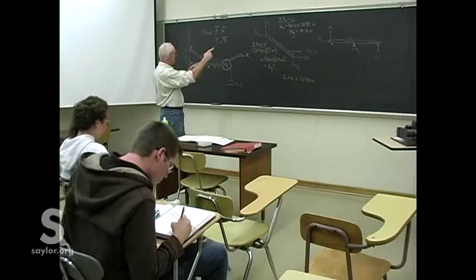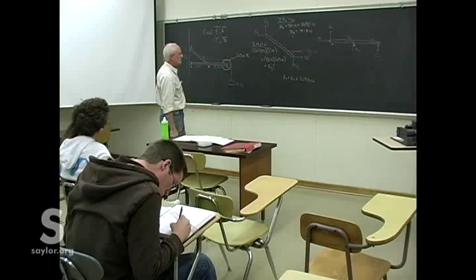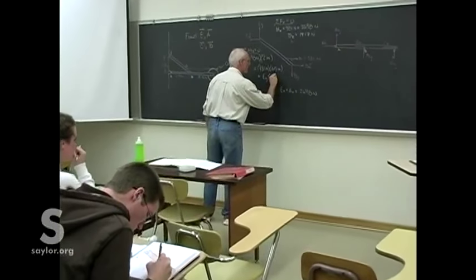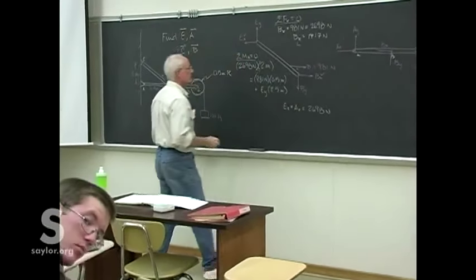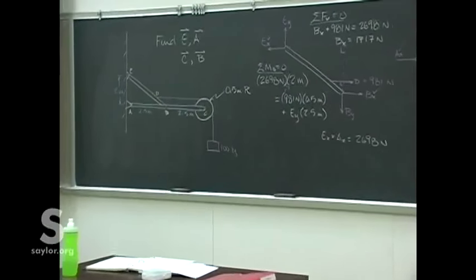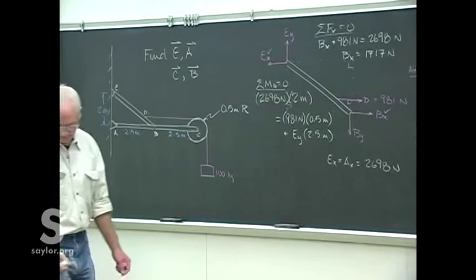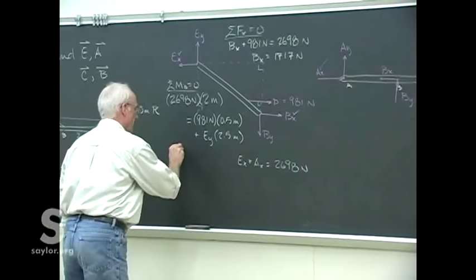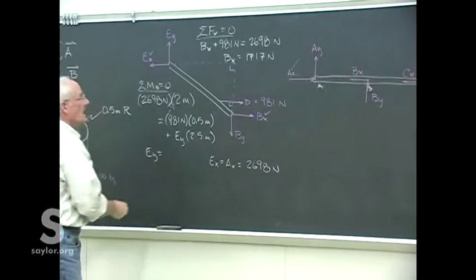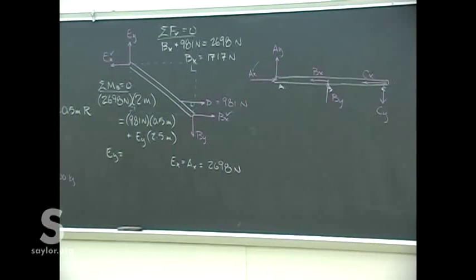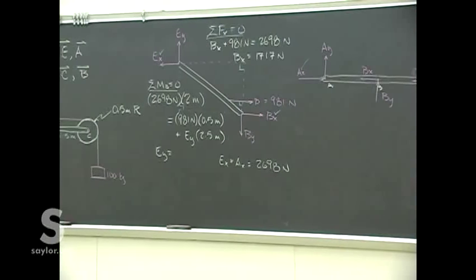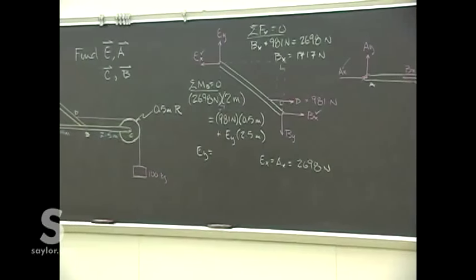And its moment arm is 2.5? 2.5? And so we can find then EY. And once we find EY, then we've got BY, because they're equal and opposite.